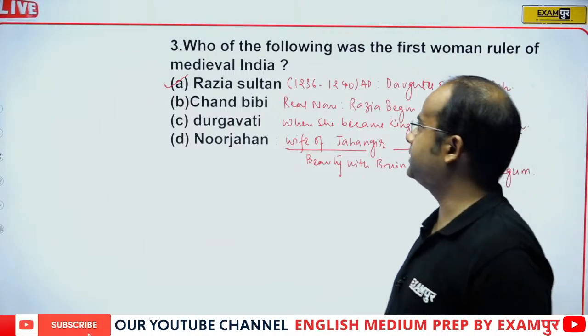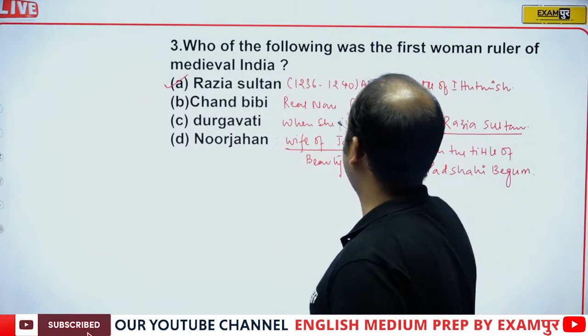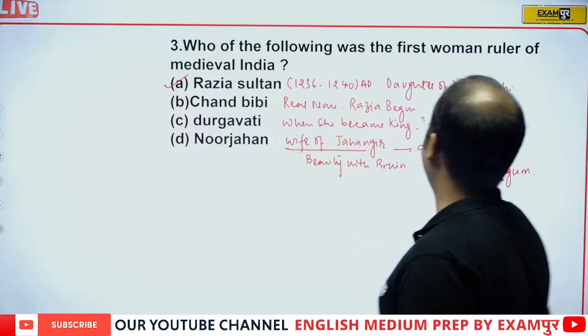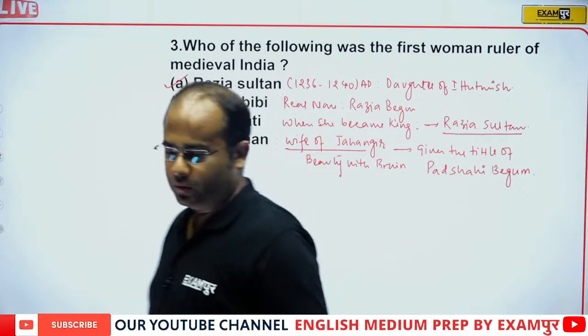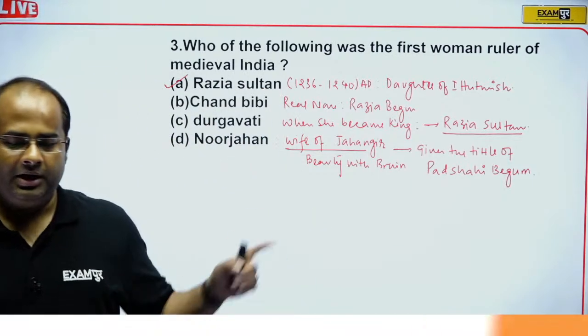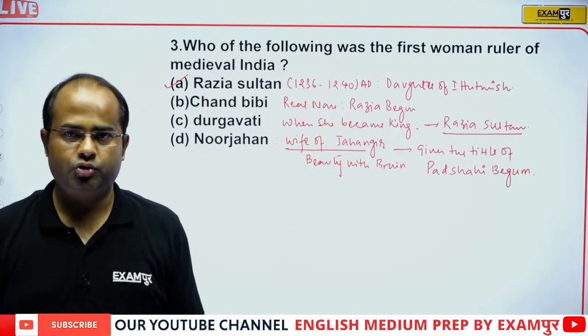Therefore, guys, the correct answer will be none other than Razia Sultan, 1236 to 1240, and she was the daughter of Shamsuddin Iltutmish. Therefore, the correct answer will be option A, that is none other than Razia Sultan.